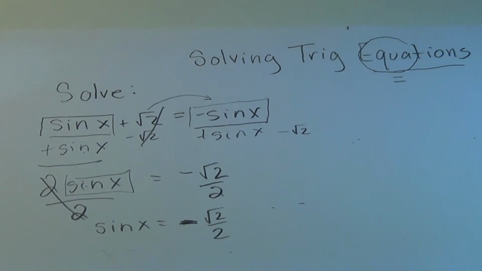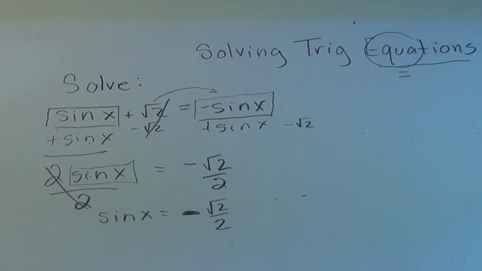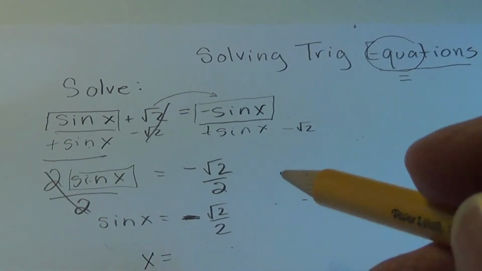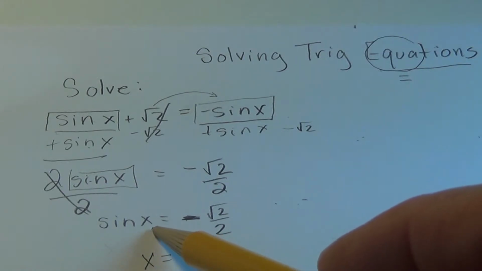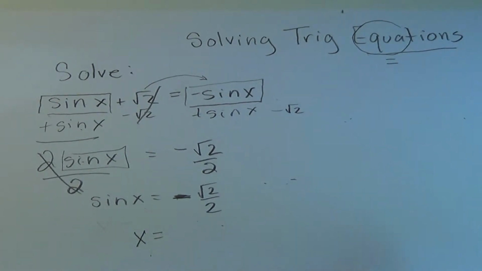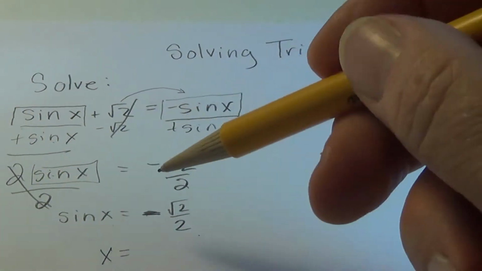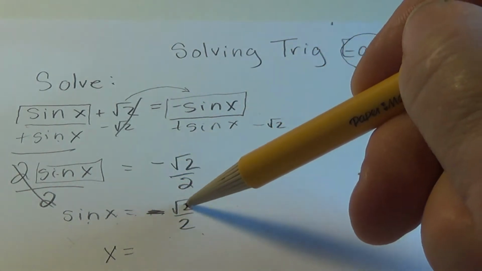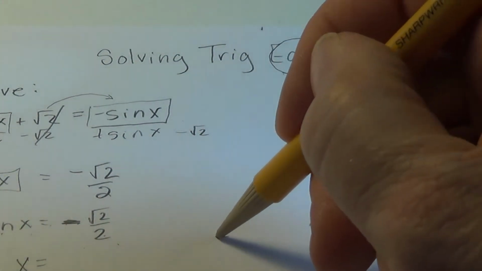But I don't want to know what sine x is, I want to know what x is. So the first step is to get the trig function with the variable, in this case x, by itself, but then to take it a step further to see what x is. So we pull out, this is saying the sine of some angle equals negative square root of 2 over 2.